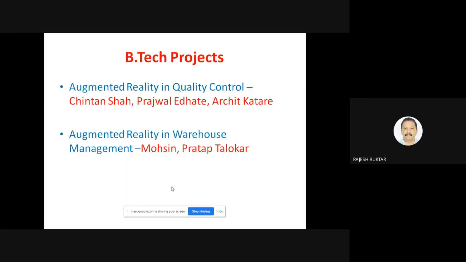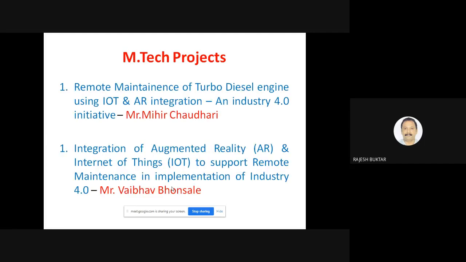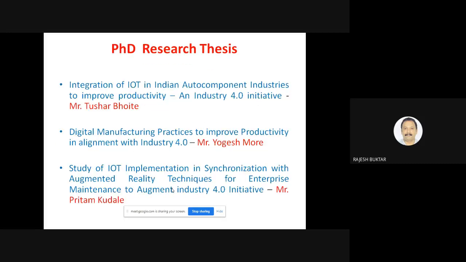These are some of the students who have done BTech projects in AR in quality control and AR in warehouse management. Some students have finished their MTech research in remote maintenance using IoT and AR integration. These are some of the PhD research areas exclusively in the field of Industry 4.0.